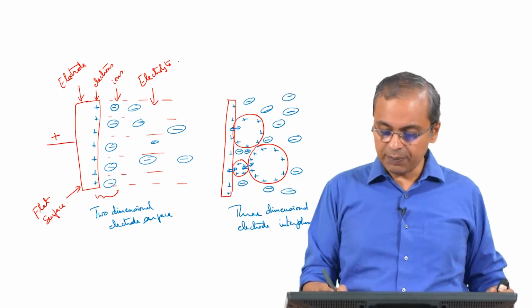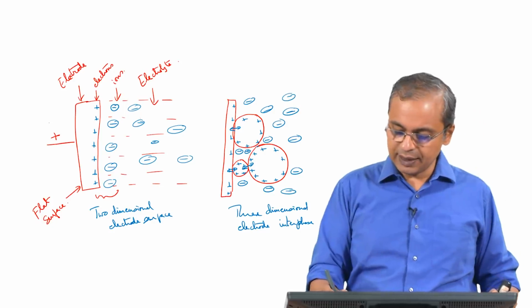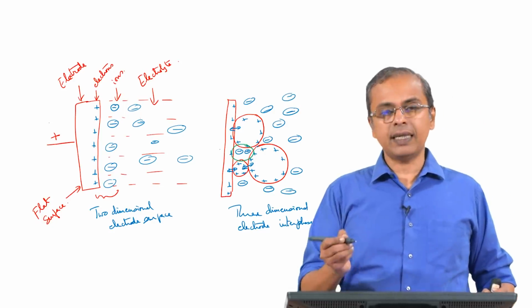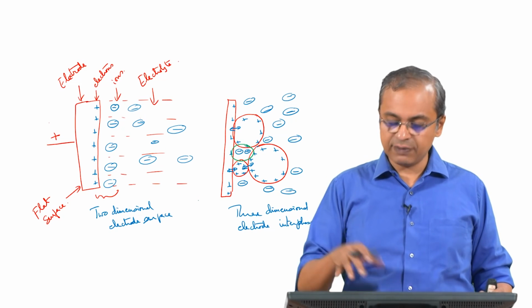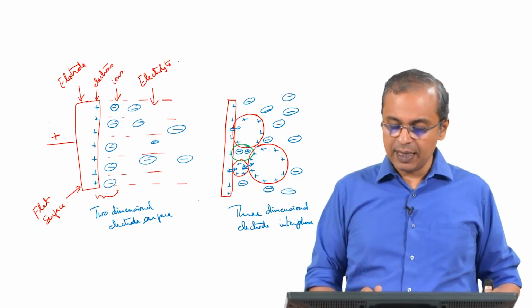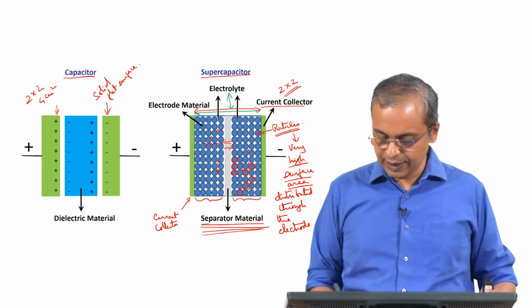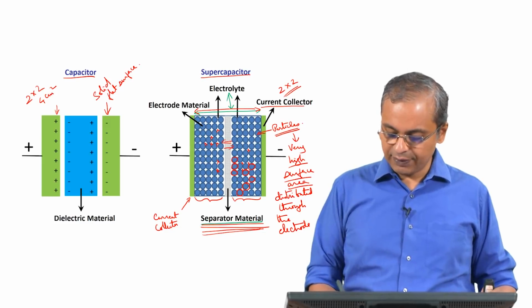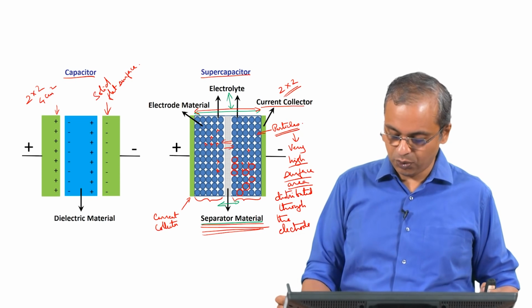If, for example, the electrolyte were not here, supposing in this region there is no electrolyte, then in that place there is no charge, this charging will not happen. So, it is very important that the electrolyte penetrate everywhere. Once it penetrates everywhere you can do this, and like I said, this separator is also very critical, because if the separator is not there, then you will have a short circuit across this, which is something you definitely do not want.